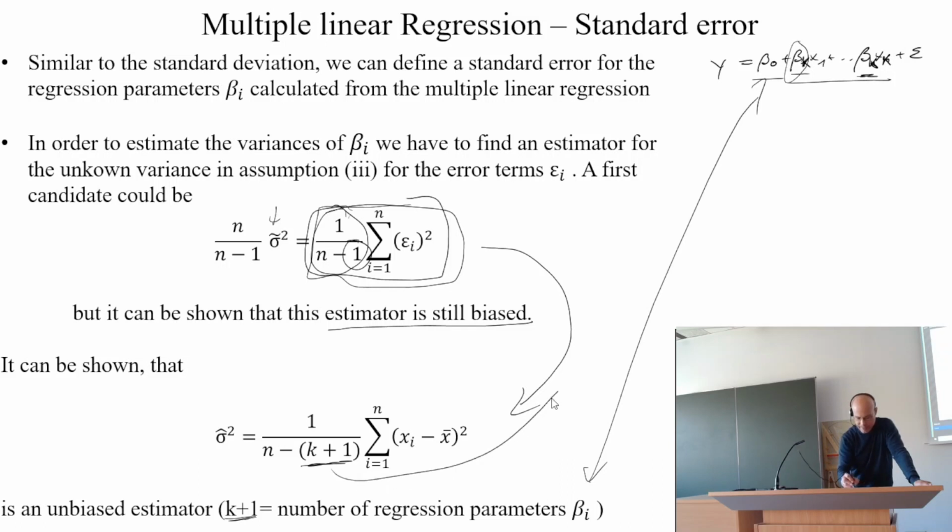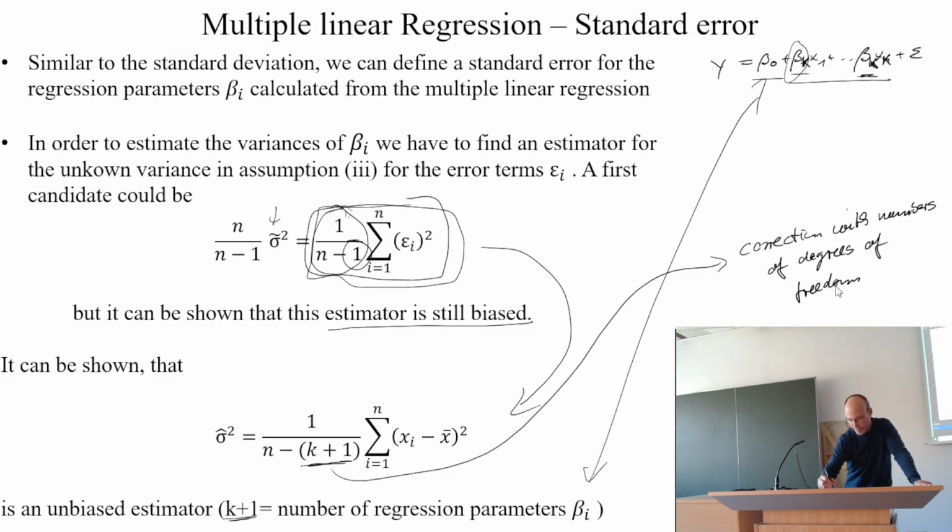And what this then more or less means is that this is a correction with the number of degrees of freedom in our model. Why degrees of freedom? Well, we are free to choose these k plus 1 parameters.